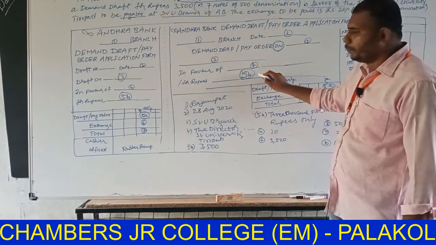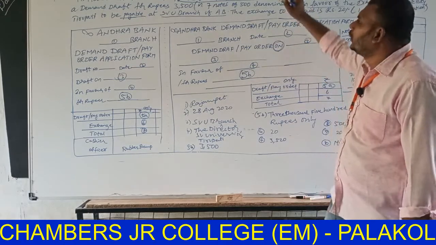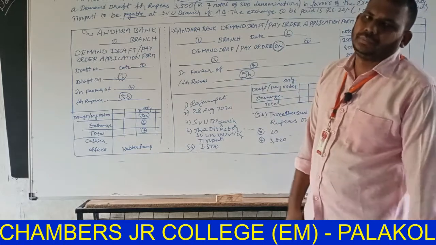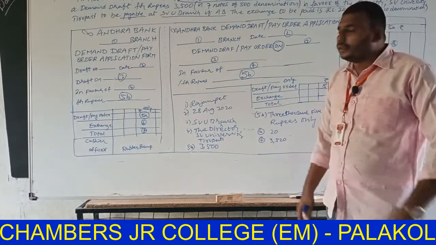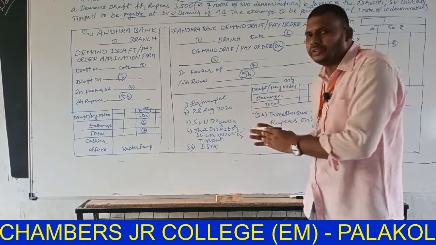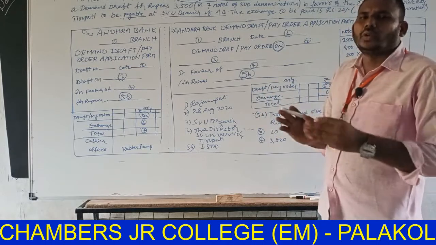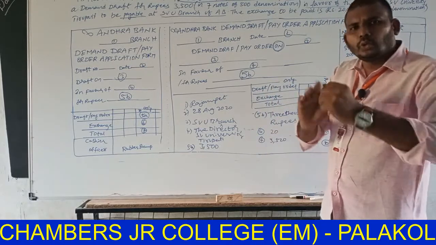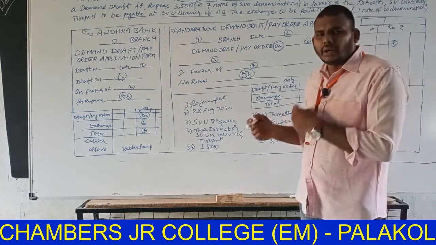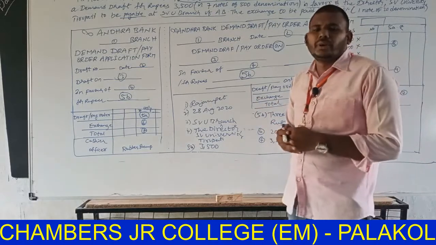Here for rupees we need not include the exchange rate, only the amount with which we purchased the DD. Got it? So why am I giving this example of the DD? It has some complicated columns that will make you confused. With this example, you can do the other forms very easily.